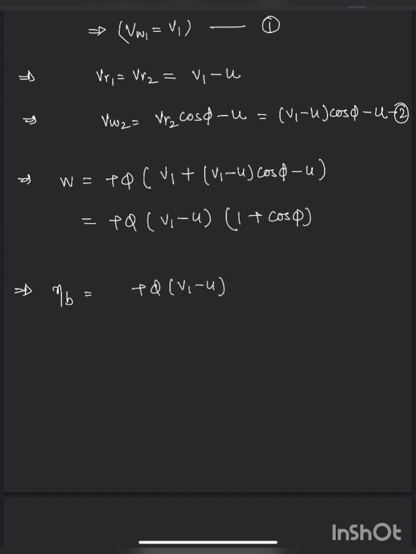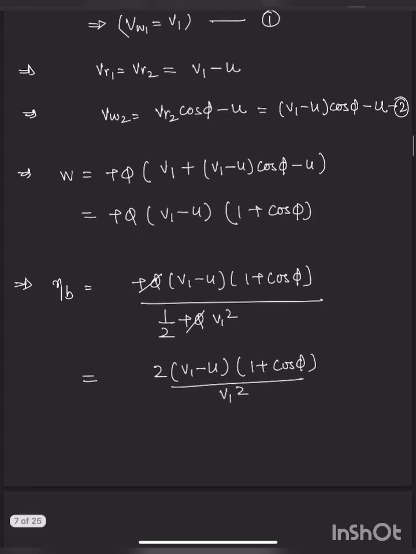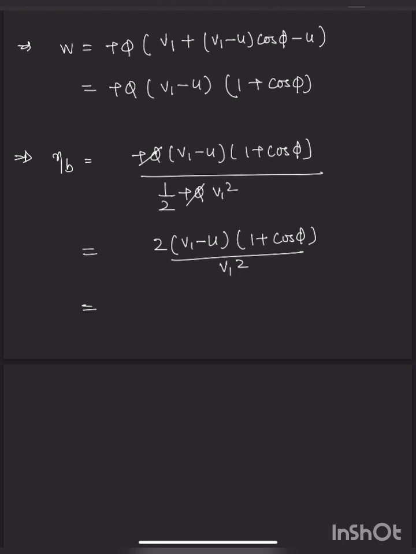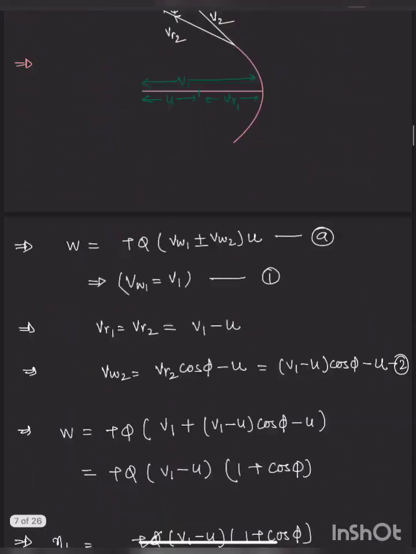So to calculate the blade efficiency, we get NB is equal to rho Q V1 minus U into 1 plus cos phi divided by half into rho Q V1 square. Now cancelling the terms, rho Q cancels, and it will be 2 into V1 minus U into 1 plus cos phi upon V1 square.